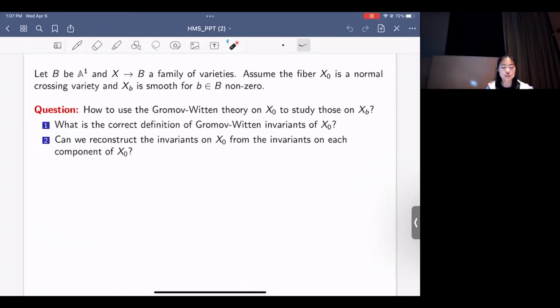So the question I'm trying to study today is how do we use the Gromov-Witten invariants on the central fiber to study those on the general fiber, because we know the invariants are deformation invariant. And so the question has two parts. The first part is what is the correct definition of invariants on a singular variety, and the second one is can we reconstruct the invariants on the central fiber from the invariants on each component.